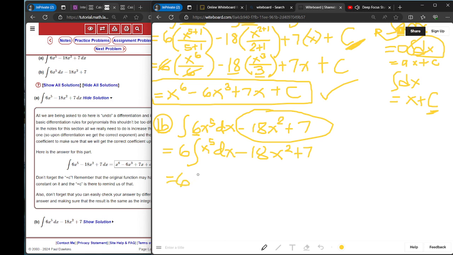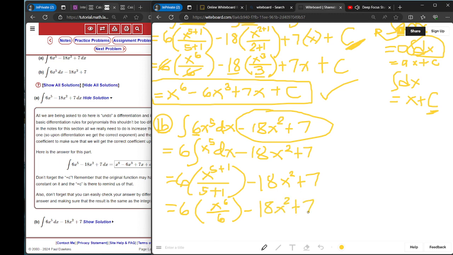Then we have 6 times, we now integrate here, this is x to the 5th plus 1 over 5 plus 1, minus 18x squared plus 7. Then we have 6, then x to the 6th over 6 minus 18x squared plus 7.